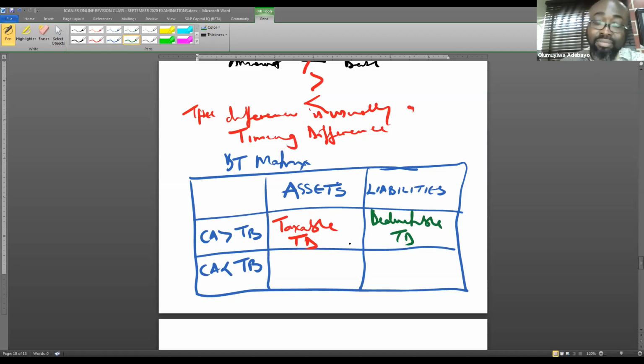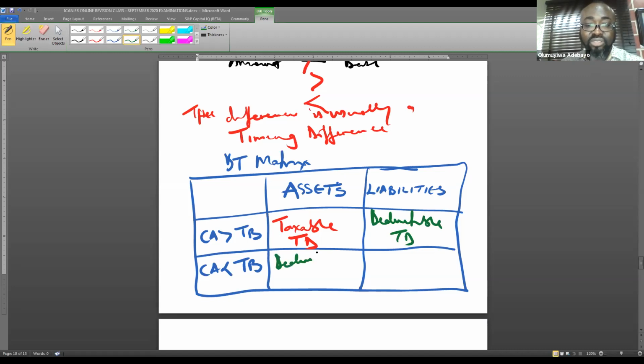Similarly, let me return to my asset position. From the asset perspective, when carrying amount is greater than tax base, we consider it to be taxable. What if the carrying amount is lesser than the tax base? What should we do? That means it's going to take the opposing position, which means it can't be taxable. For it to be less, it would rather be what?